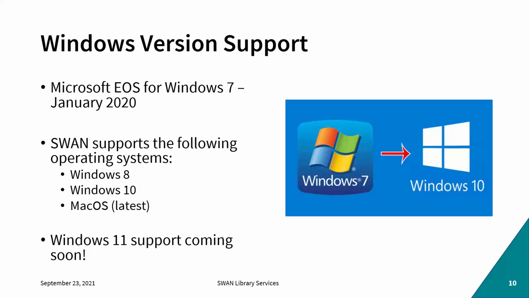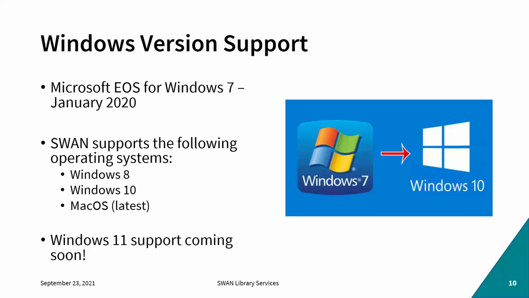We were at 100%. So I think all the libraries have basically installed on their Windows 10 machines. But if you do have a few of those Windows 7 machines lingering out there, even if they're lab workstations or OPAC stations, get them upgraded to Windows 10, even potentially Windows 11. It just poses a security risk for your library. You don't want to continue to run that.